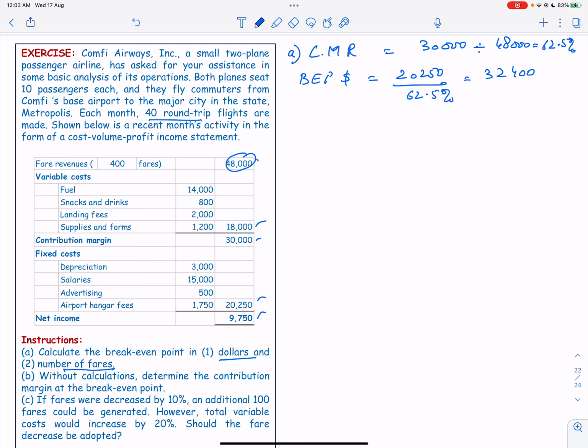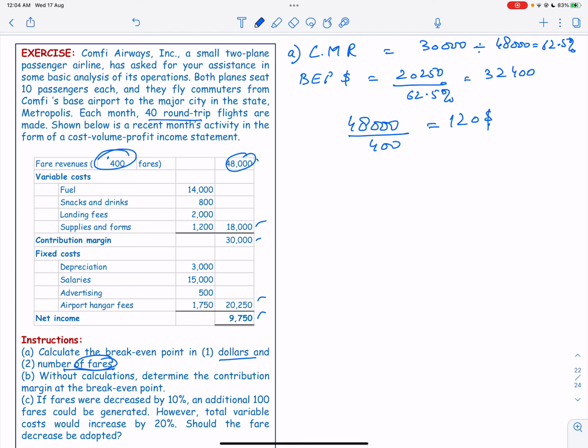Then, the second part, they ask for the number of fares as well. So first of all, we have the round trip of 48,000. This is the sales revenue, and the fare is 400, so we divide by 400, that gives us $120.